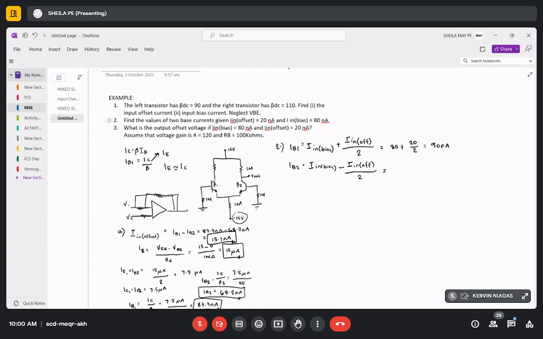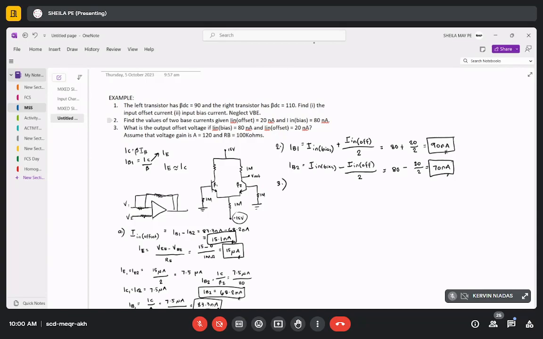This is 80 minus 20 over 2. This would be 70 nanoamperes. Okay, so that's how you find the two base current given the formulas.